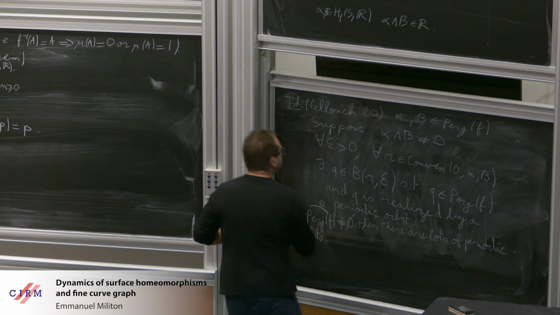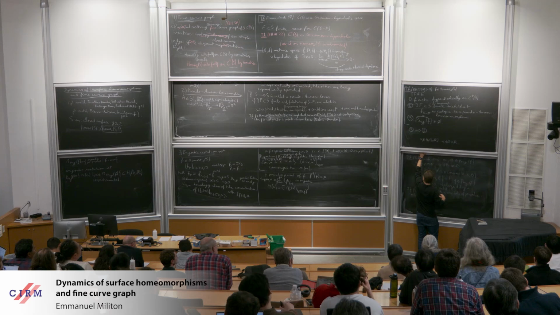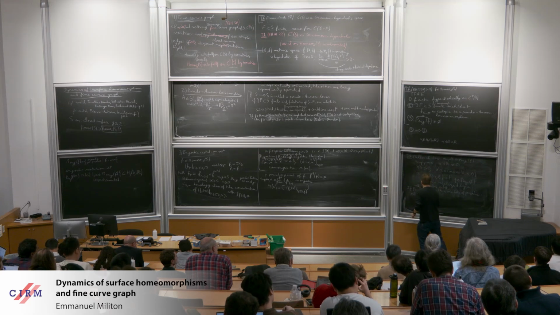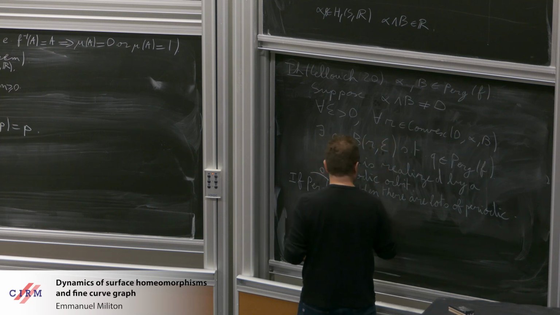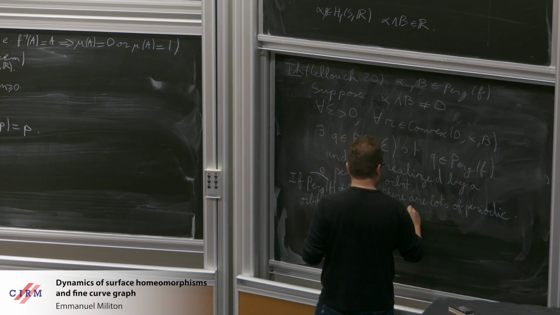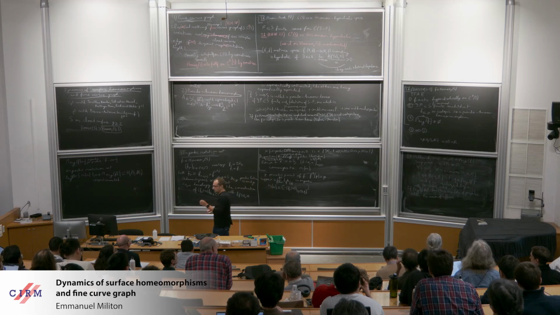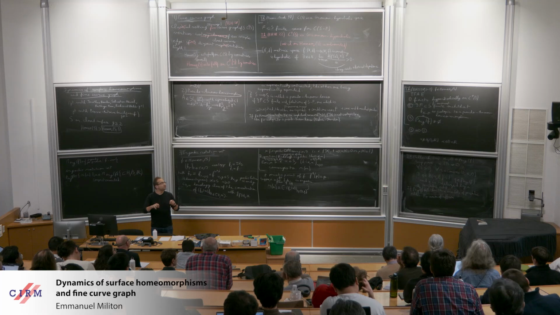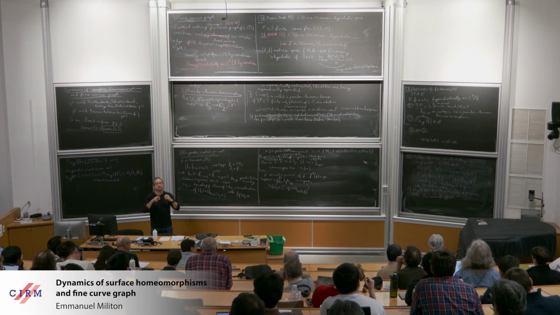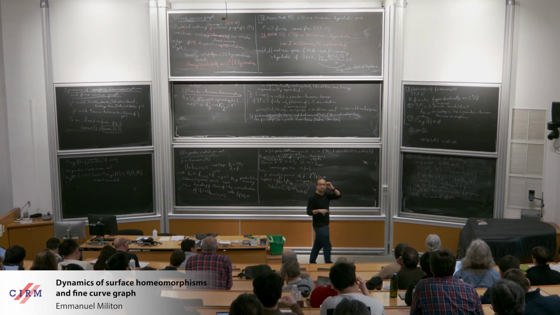And then to prove 2, what you do is that you take as a set F a union of sufficiently many periodic orbits. Sufficiently many periodic orbits means that if you look at, say, geodesic representatives of the loops of your periodic orbits, it must cut down the surface into disks. So you cut down completely the topology of the surface with these loops.